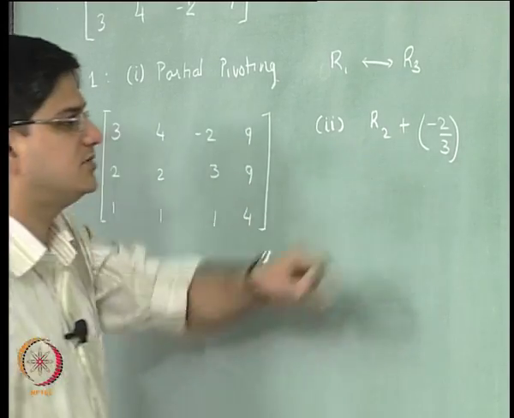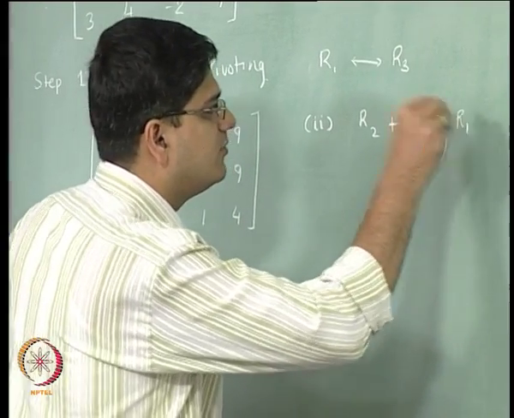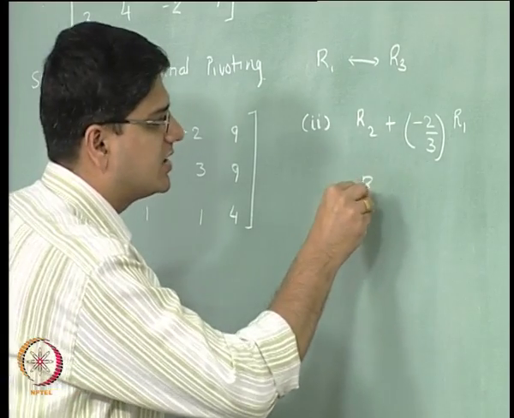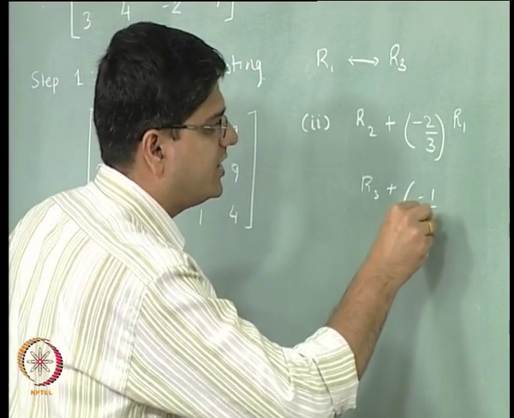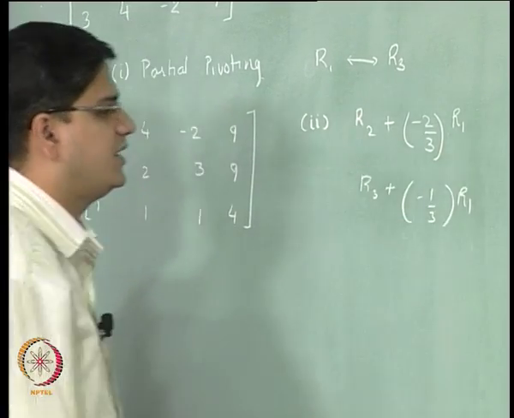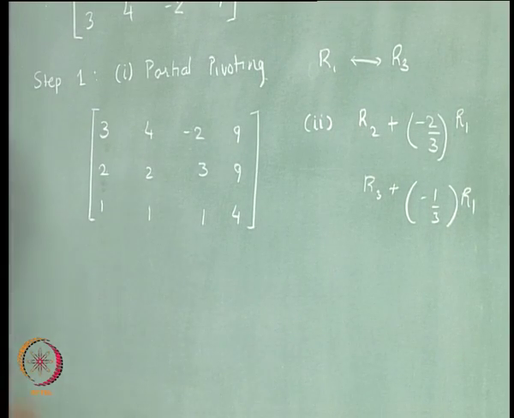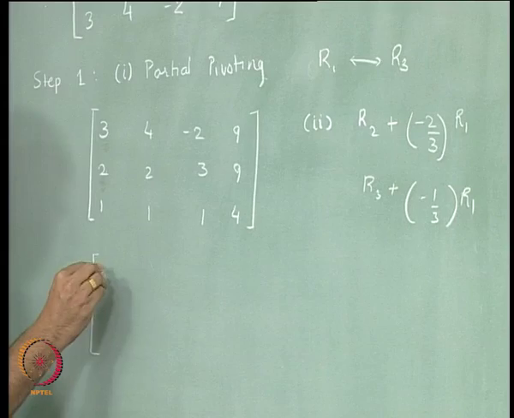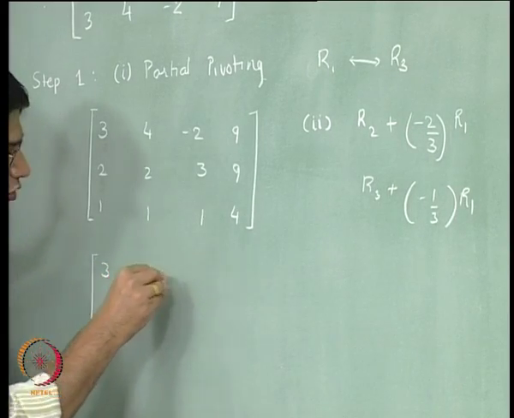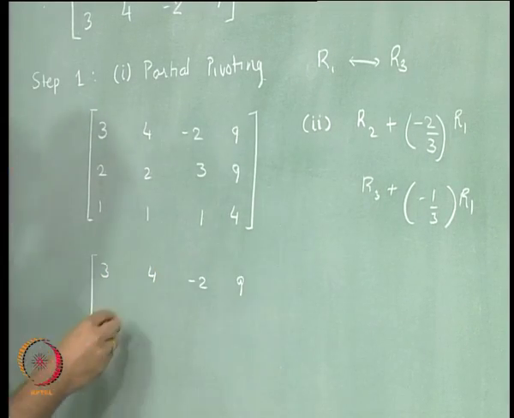So, R2 plus minus 2 divided by 3 multiplied by R1, and R3 plus minus 1 by 3 multiplied by R1.